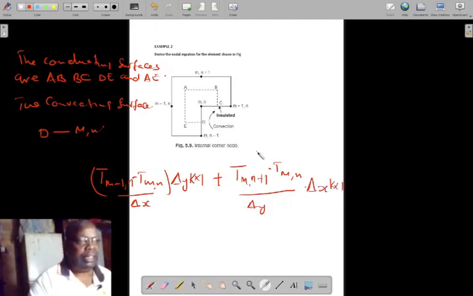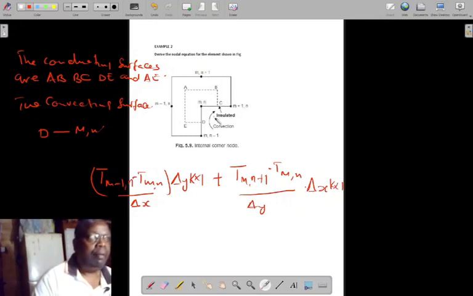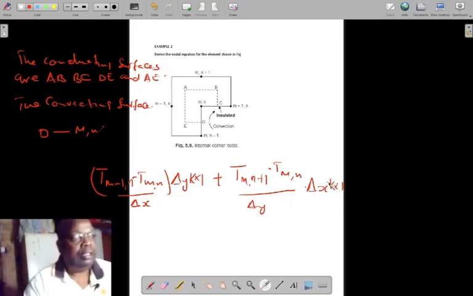So here for that second term we're looking at the interaction between that node and that node there. So we have Tm n plus 1 minus Tmn, and the motion is in the y direction, so the area will be delta x times 1, and we're assuming an isotropic material, so k is not changing with direction, so we still have k there.